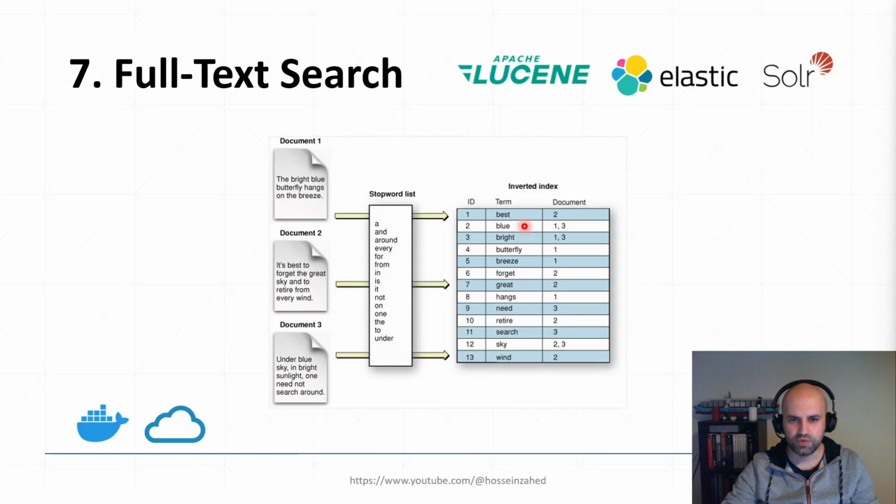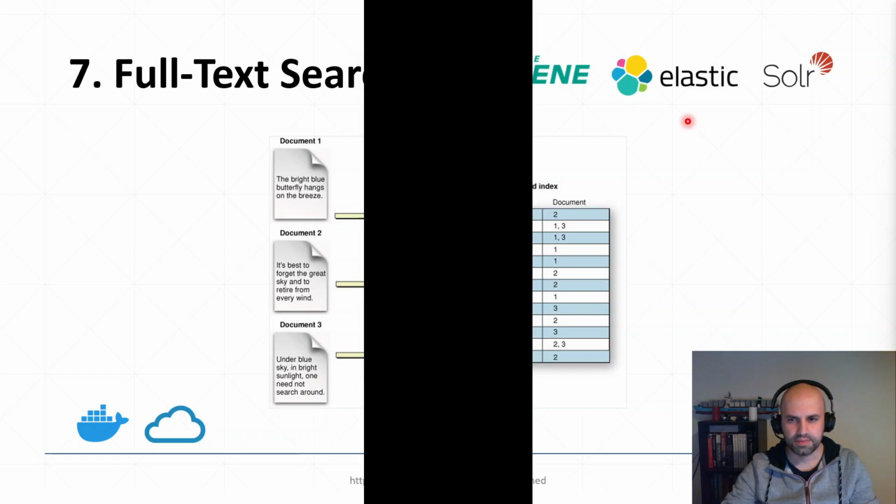Here, if we search for the term blue, we can see that it is referring to document 1 and 3, which means that the word blue can be found in these two documents. Most of these search engines or full text search databases are based on a project called Apache Lucene. Two popular options here are Elastic and Solr.